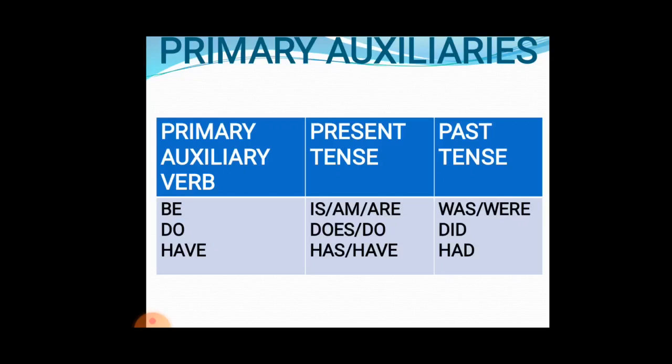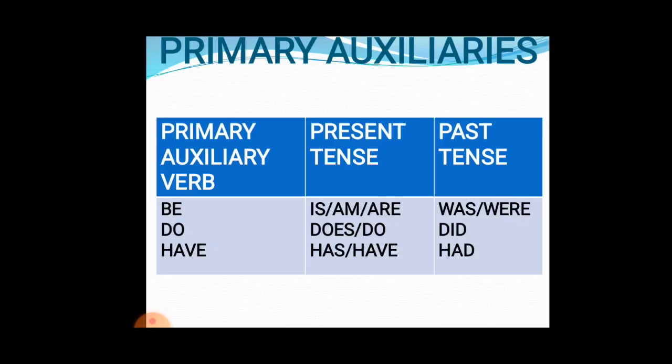Same with do. This primary auxiliary verb is used as does and do in the present tense and did in the past tense. Same way have. In present tense we use has or have, and in past tense we use had.